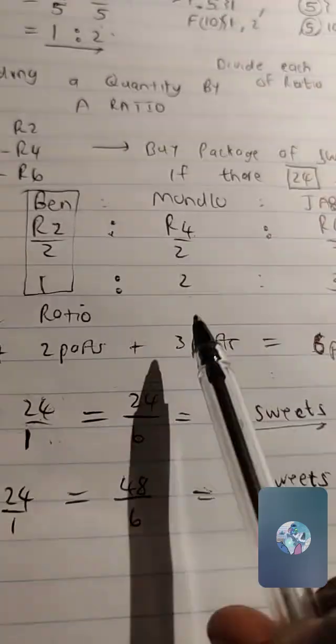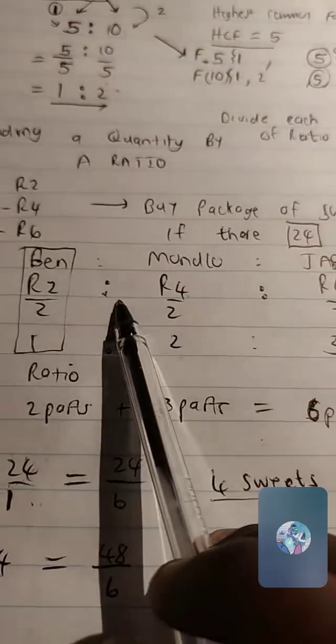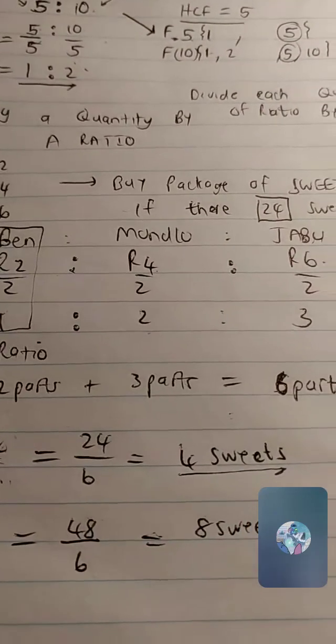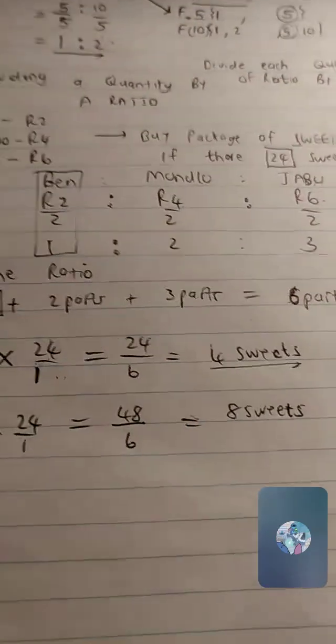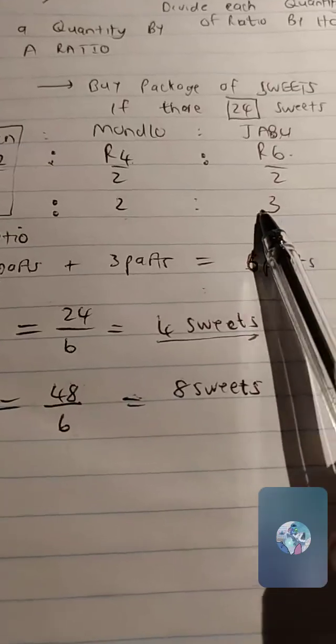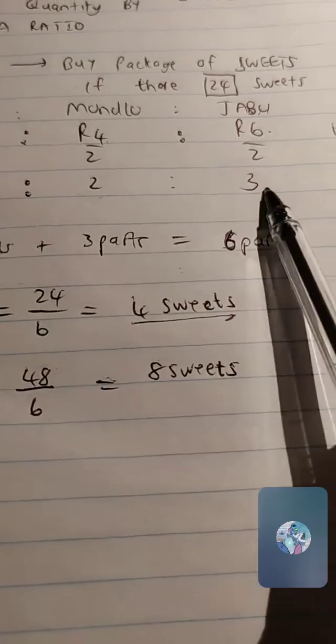And then lastly, we want to check how much Jabu, who obviously paid the most money out of all of his friends, 6 rand, gets. We take the simplified quantity in the ratio, which is 3.